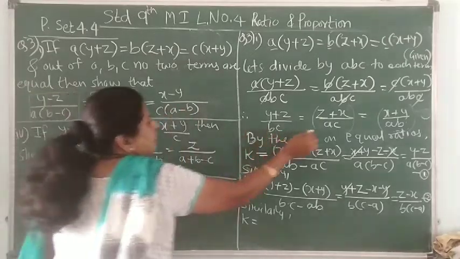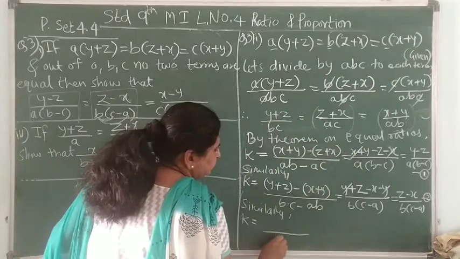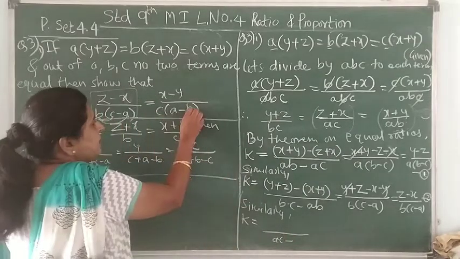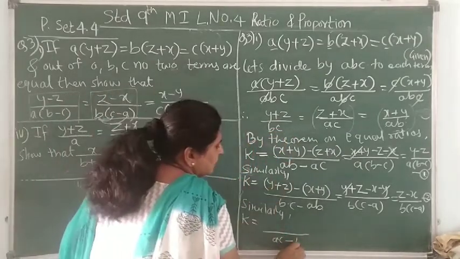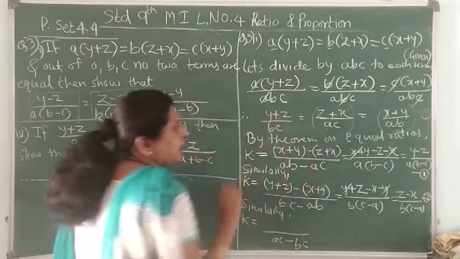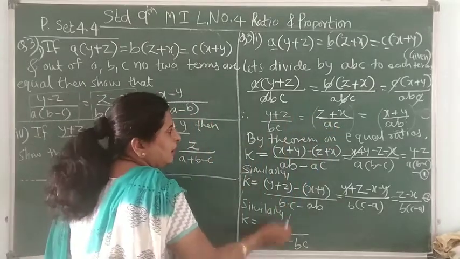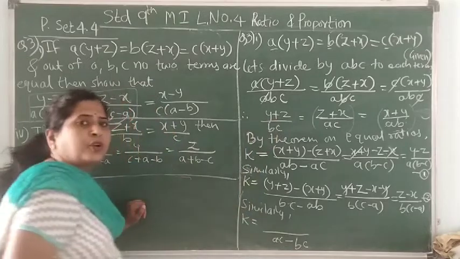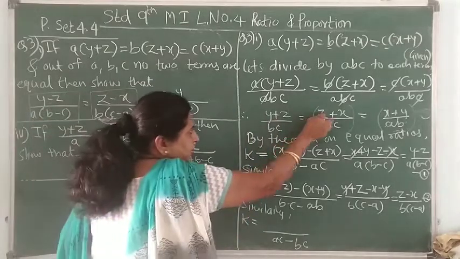So CA means it's AC, minus CB means BC. So we are taking the second ratio's denominator, and we are subtracting the denominator of the first ratio. So we have to take the numerator here.